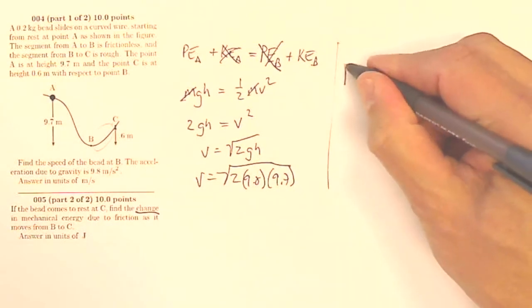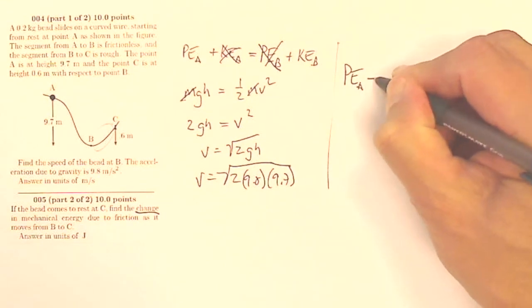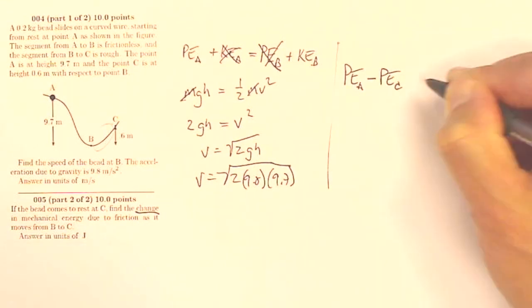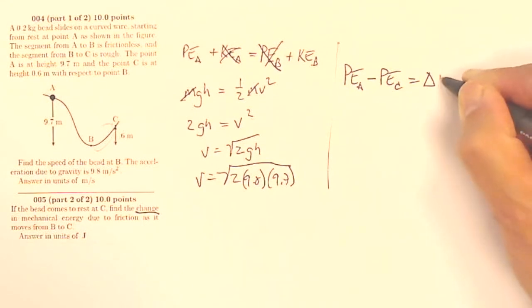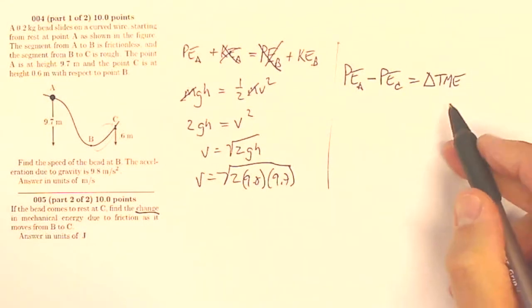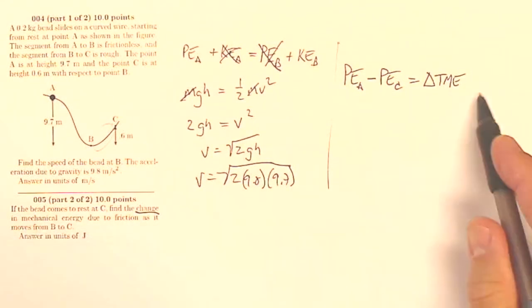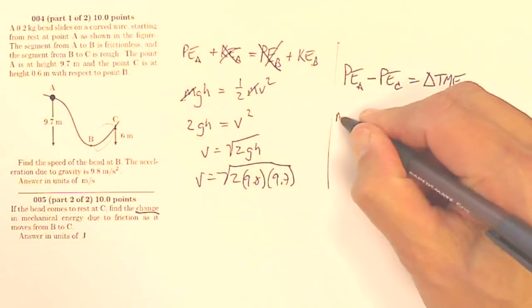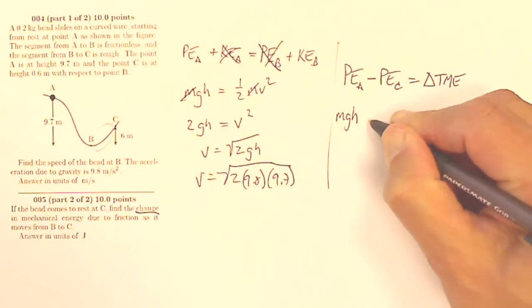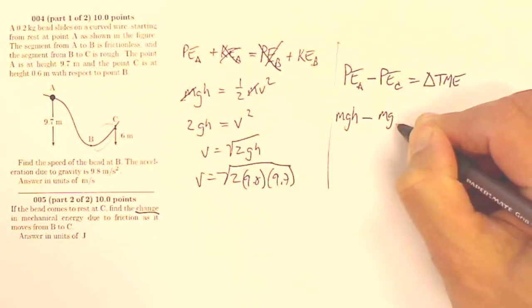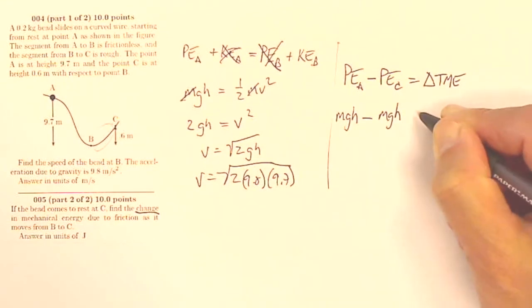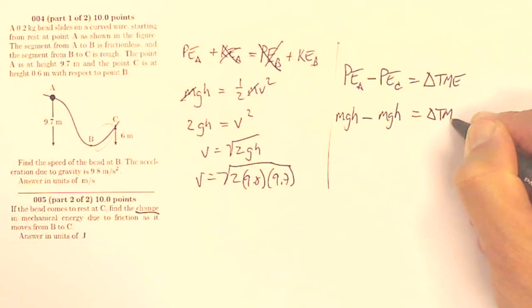So my potential energy at A minus my potential energy at C is going to be my change in TME, a change in total mechanical energy, which is asking how much energy was lost to friction. So my potential energy at A is going to be mg times the height at A, minus mg times the height at C. It's going to equal my change in TME.